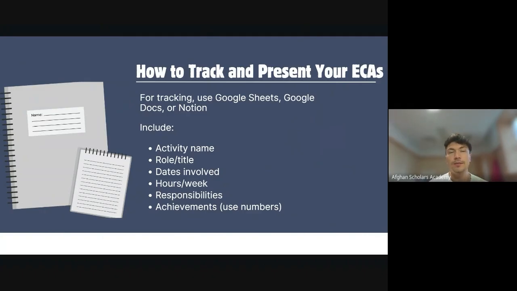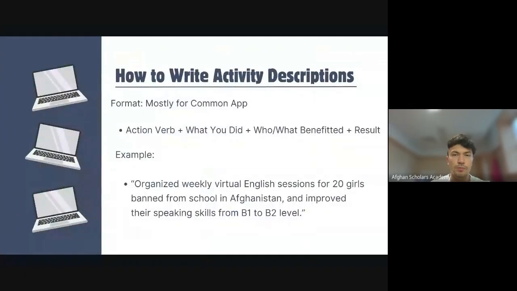Also keep track of the responsibilities, what you have done and what you are doing, and the quantifiable achievements, something that can be measured. These are really important to keep track of, because they will be asked from you, especially when you are filling out your Common App application. So just a quick note here that you really need to keep track of these things.